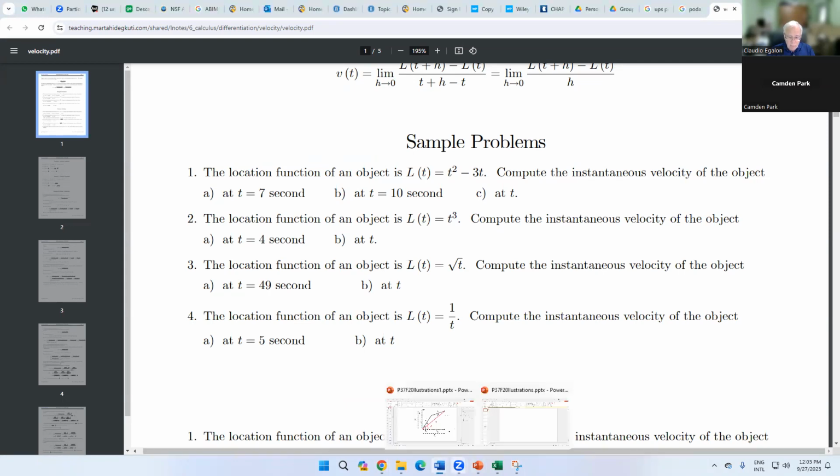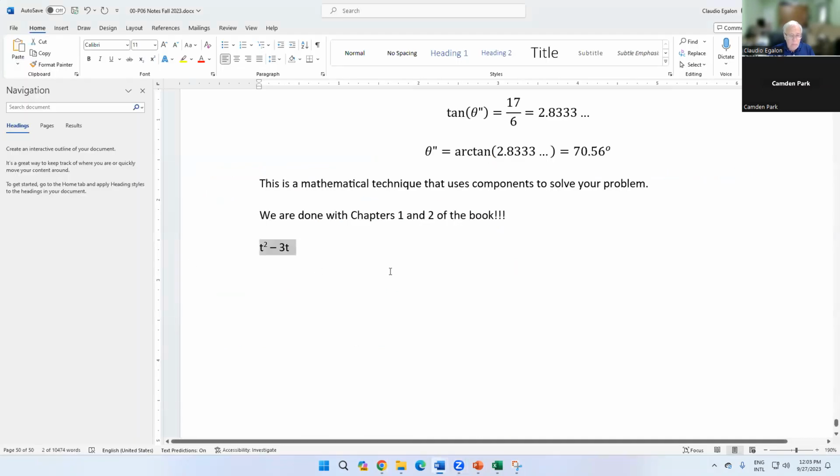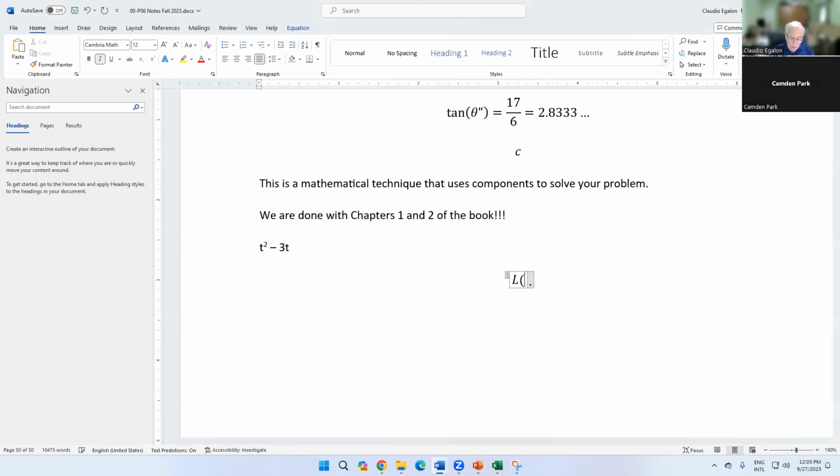Okay, I'm going to do that here for you. The situation is like that. The problem calls it L of t, that's unfortunate. It's actually x, the position. He used the word location, but it's actually the position, right?